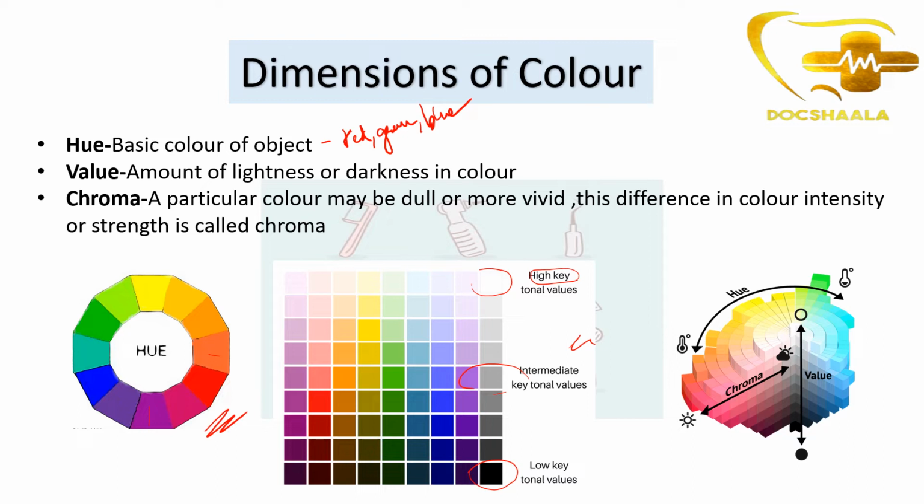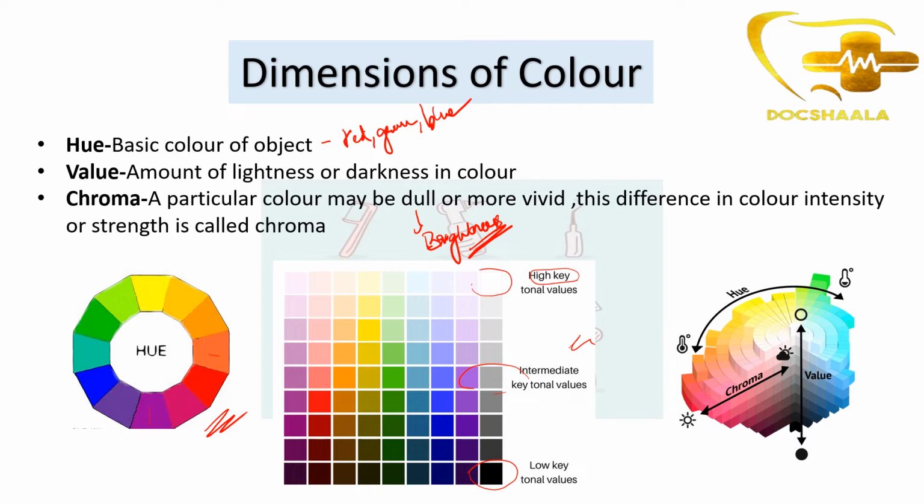Chroma is a particular color, maybe dull or more vivid, depending upon the brightness. The brightness of the color is defined by chroma, the difference in color intensity or strength.